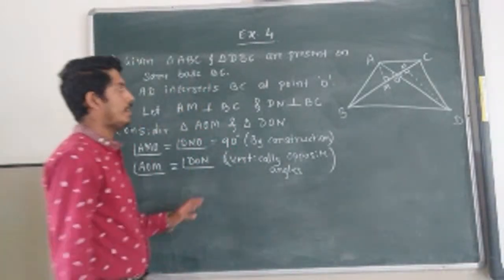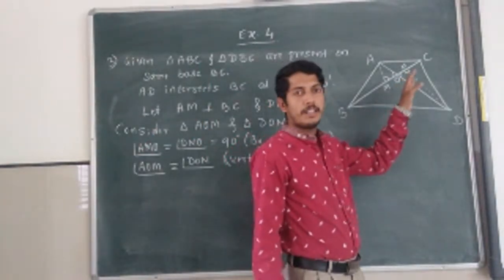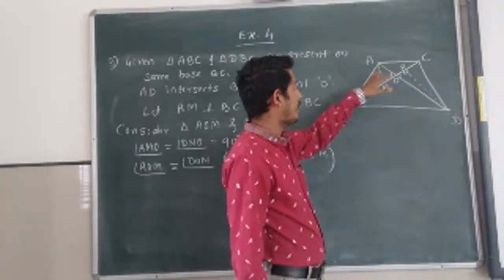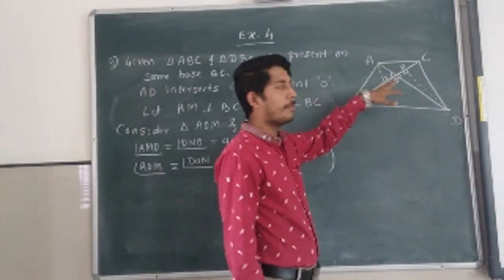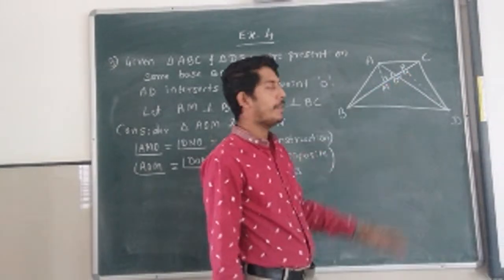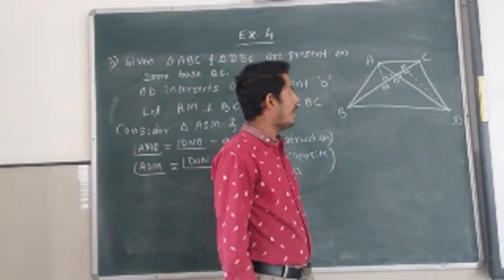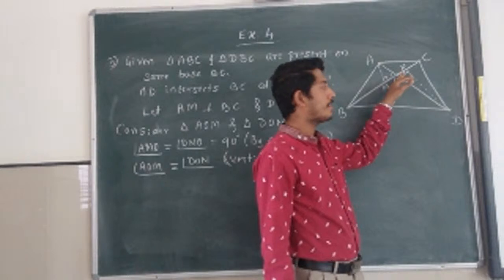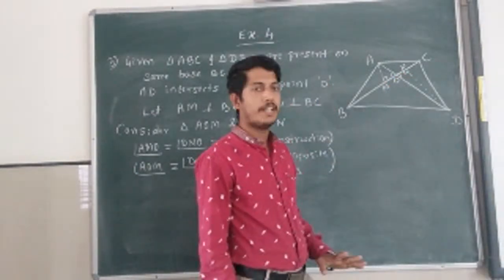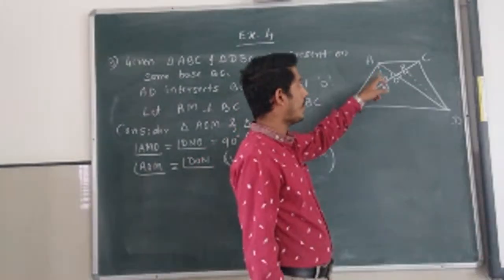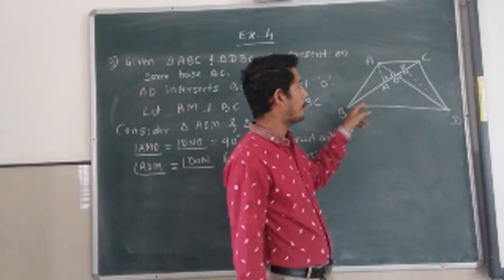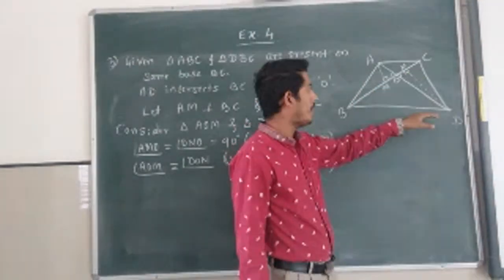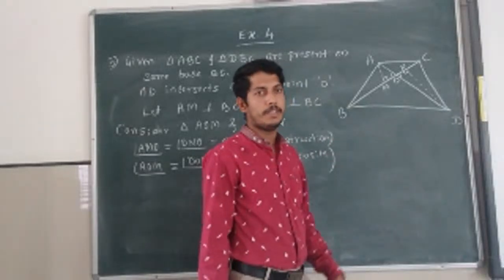See here, ABCD is a trapezium, and triangles ABC and BDC are present on the same base BC, and diagonals AD and BC intersect at point O. This is the given data. I consider line AM perpendicular to side BC and DN perpendicular to side BC.